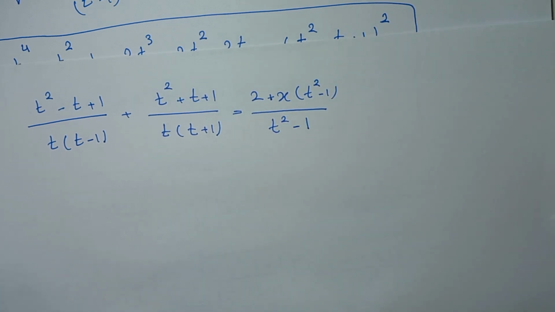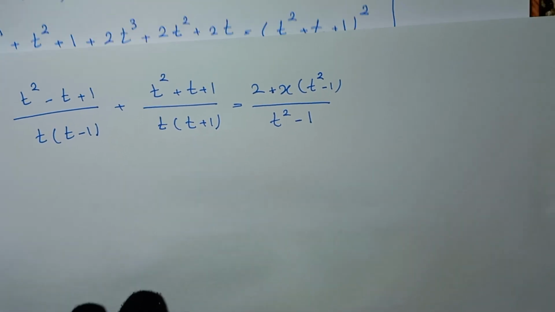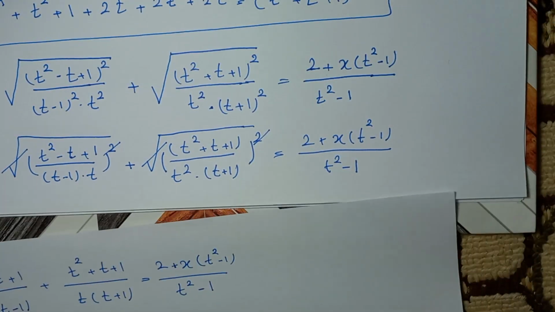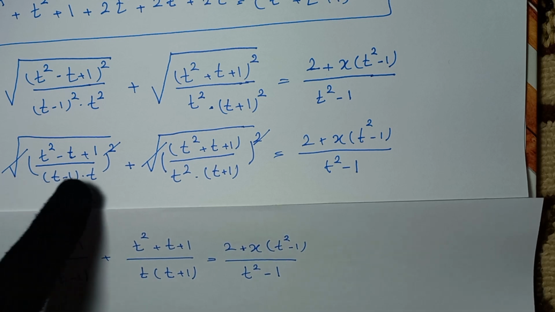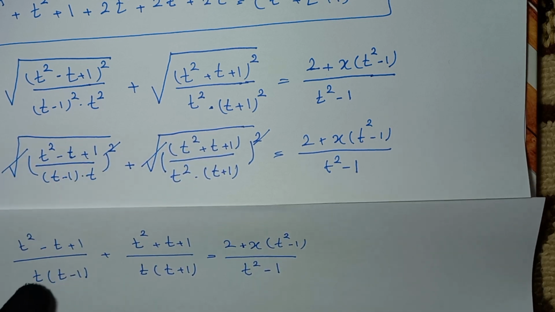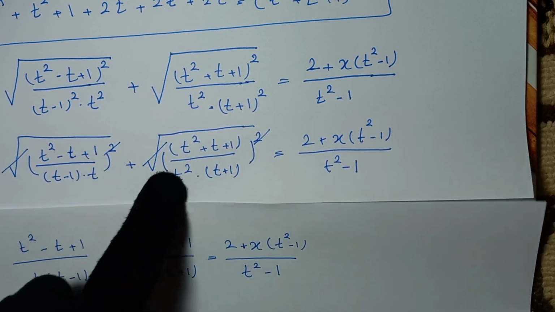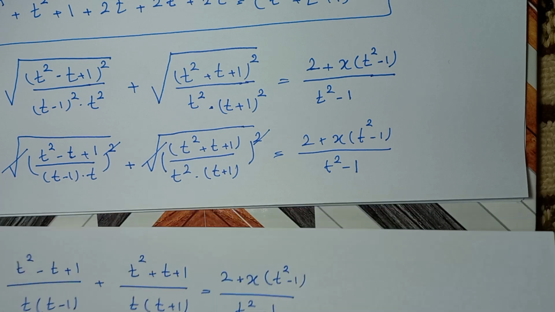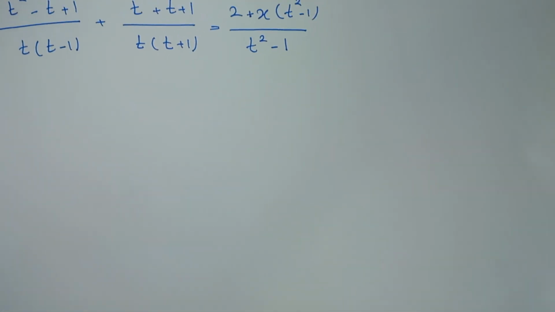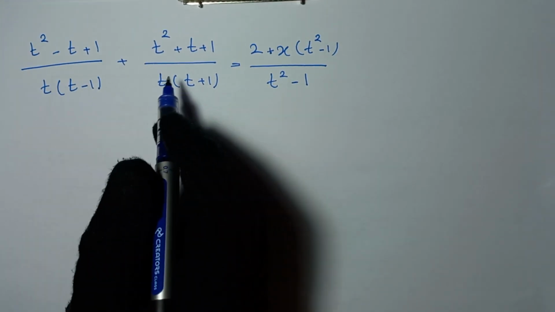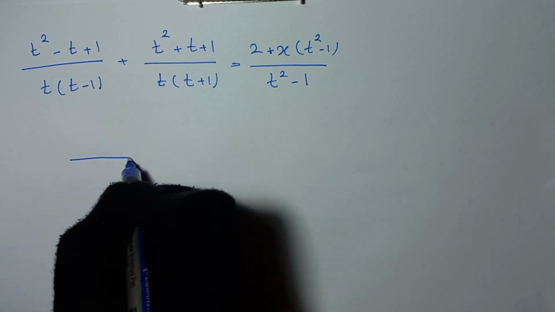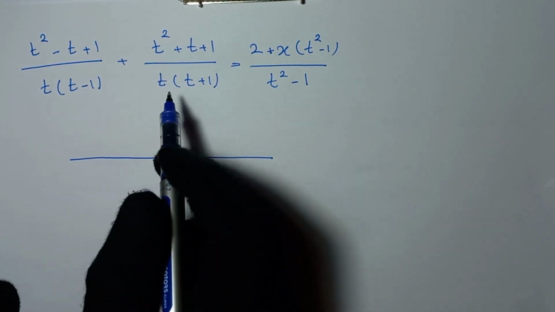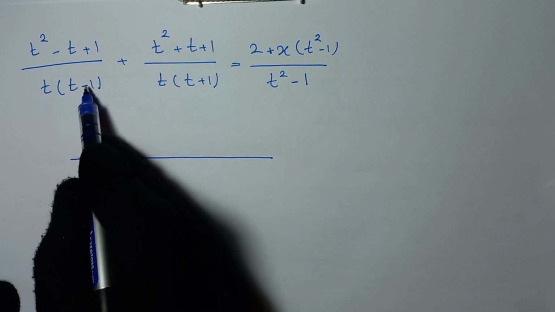In here, we write this in here, and these two will cancel this, and this is equal to this, and these two will cancel this square root, and this is equal to this. So in next step, from these two parts, we take common denominator, and our common denominator is t times t minus 1 times t plus 1.